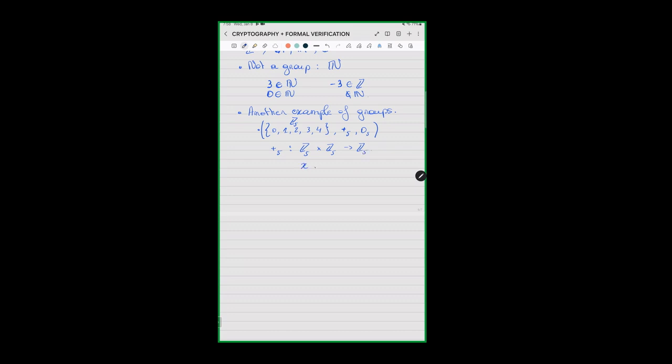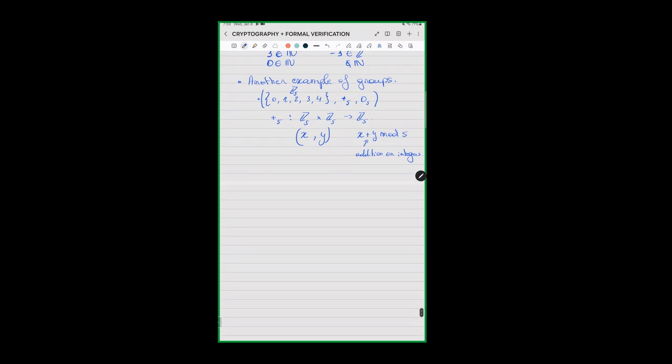It takes two values and does x plus y. This is the addition on naturals, on integers, the one that we all know. Then we take the modulo, mod 5.